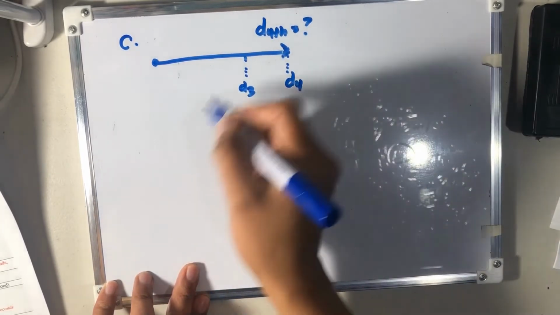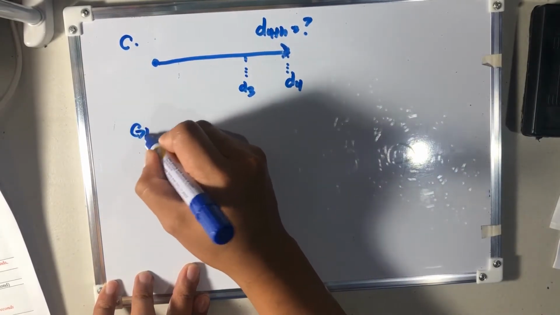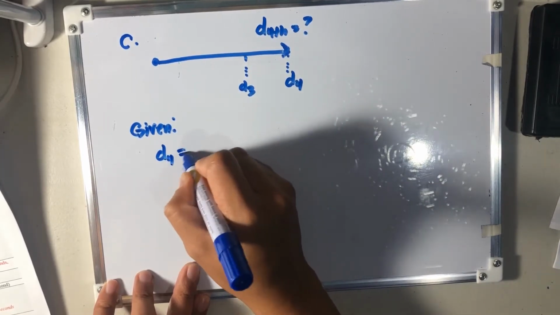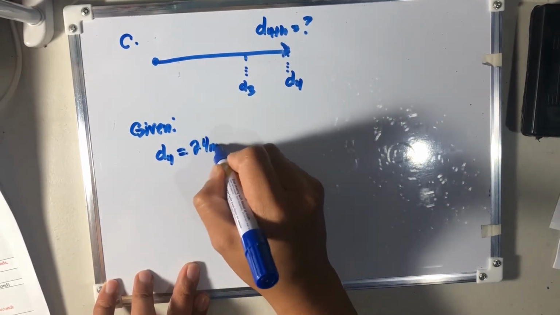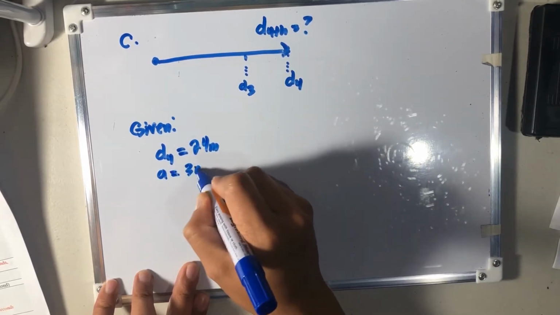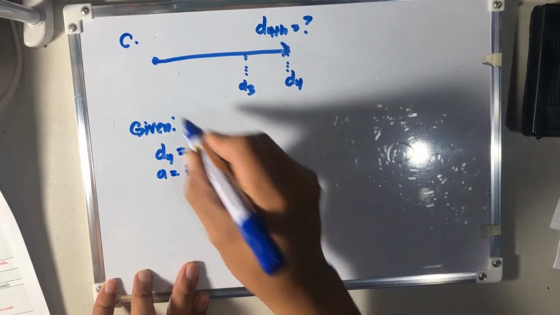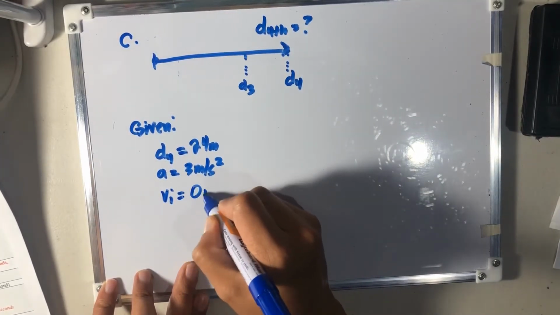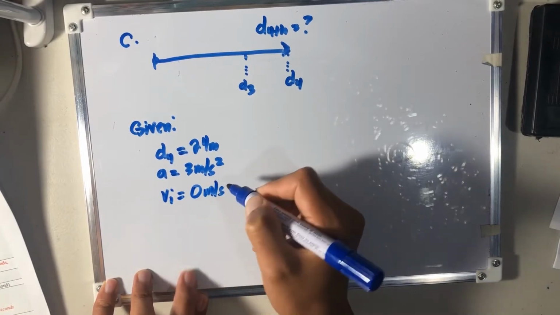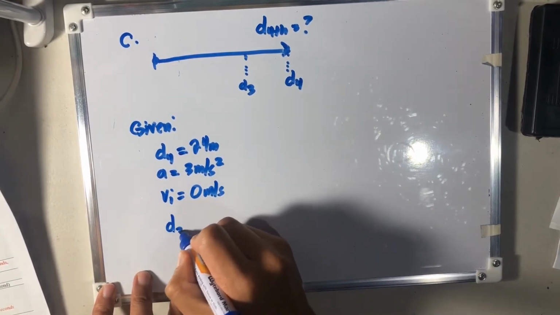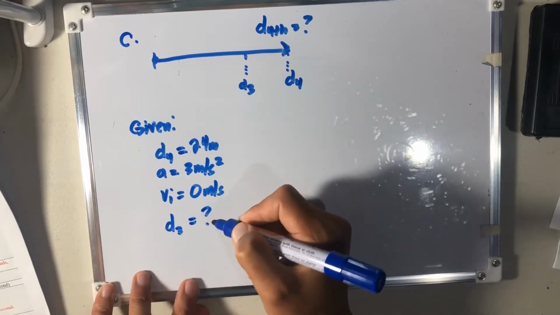So from the previous problem, we know that the distance after 4 seconds is 24 meters. The acceleration is 3 meters per second squared. And we know that the cat started from rest, so initial velocity is still 0 meters per second. So we have to solve for the distance at the end of 3 seconds.